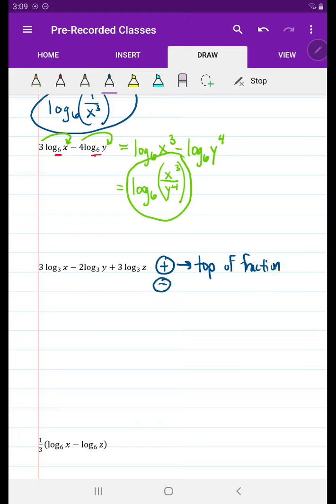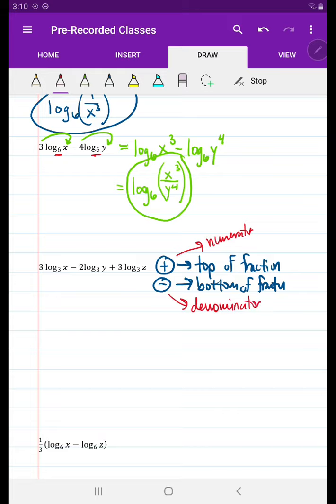Anything that is negative will go in the bottom of the fraction. Right? So another way to think about this is anything that's positive turns into a numerator, and anything that's negative turns into a denominator. Okay, and so the first thing that I want to do here is take all these coefficients that are in the front, and they're going to become the exponents on the arguments.